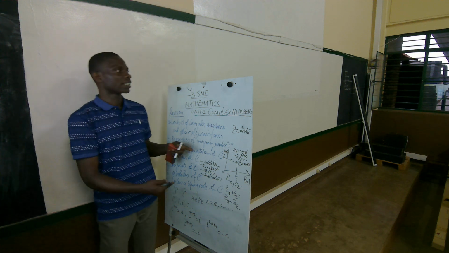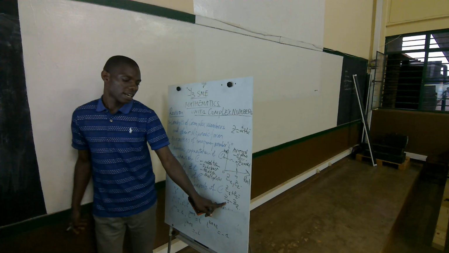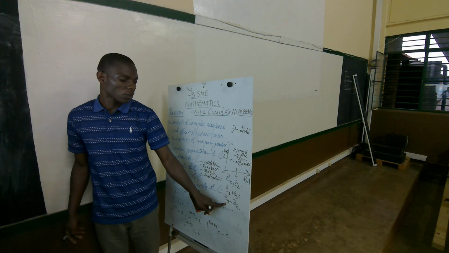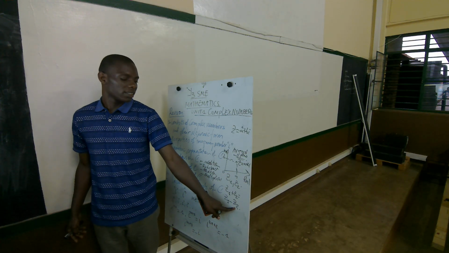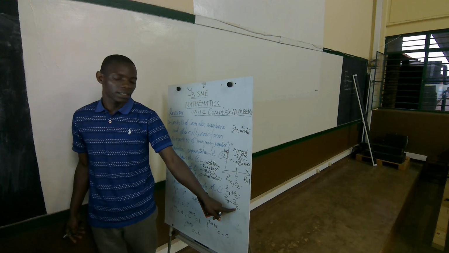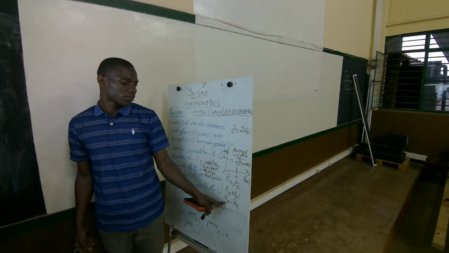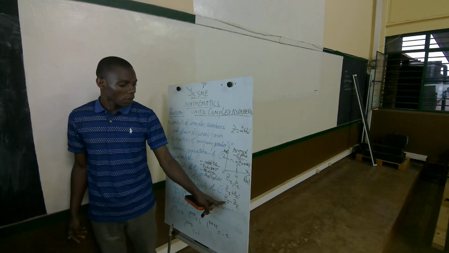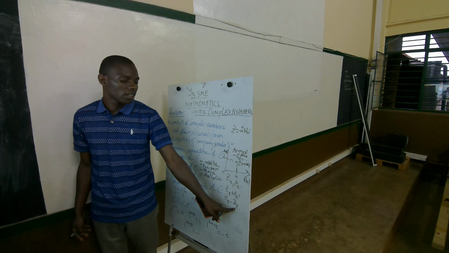Also we subtract accordingly. So we take the imaginary part of this one, we subtract from it the imaginary part of this other complex number z2, and also we subtract the real part of z2 from the real part of this one.